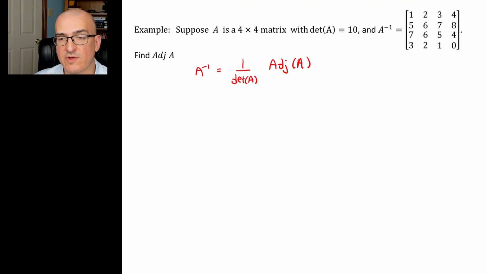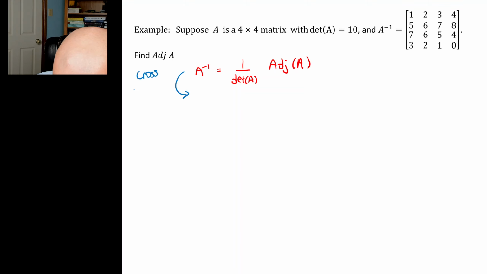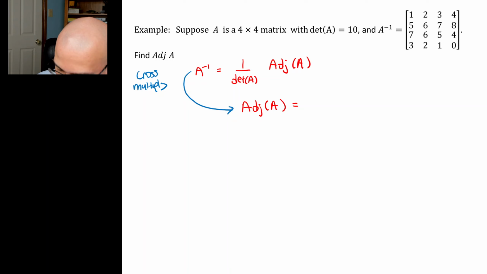We're going to rearrange so the adjoint of A is equal to the ingredients we're given, multiplied by each other. So cross multiply, and we'll get adjoint of A is equal to the determinant of A multiplied by A inverse.